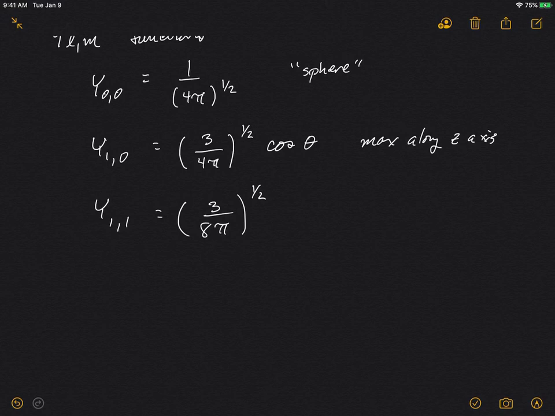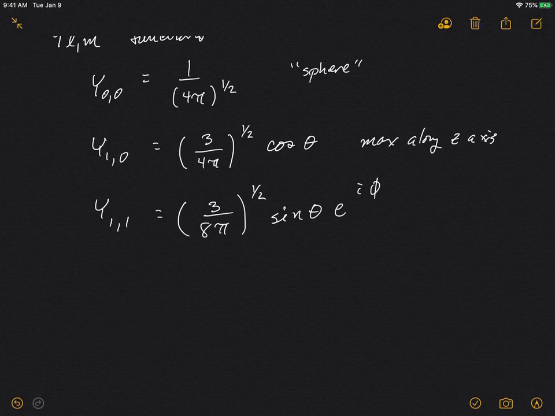Usually when I'm dealing with eigenvalue problems, I just kind of drop out the constants out front because that's the way the math works out. Okay, so Y11 is sine theta e to the i phi. And so this is going to have a maximum in the xy plane, and you can think of it as kind of like a complex ring, or donut-ish shape in the xy plane.